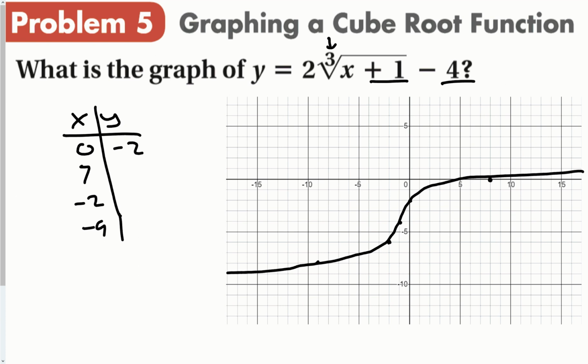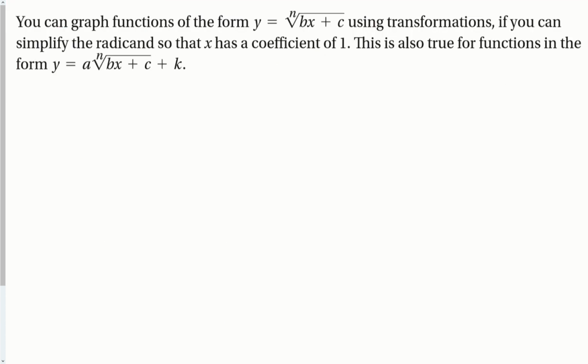Okay? So again, the trick to this is use numbers that you can plug in nicely to the cube root. Okay? Last thing here is that we can graph cubic functions if they look like this using transformations.